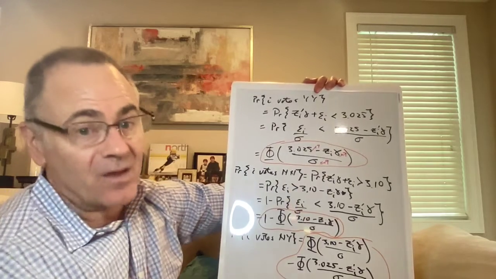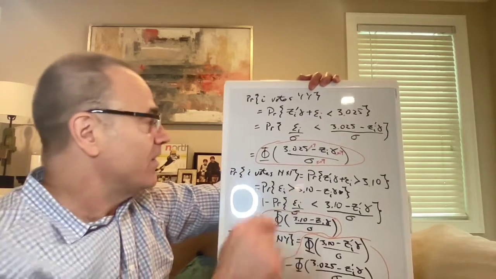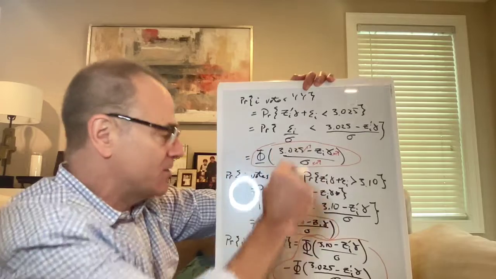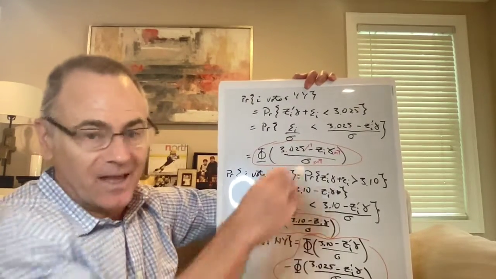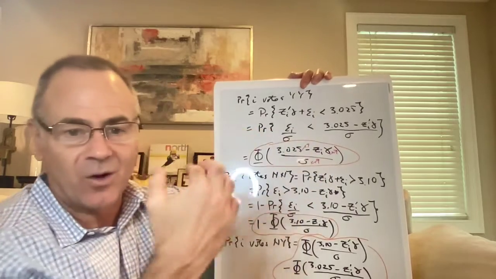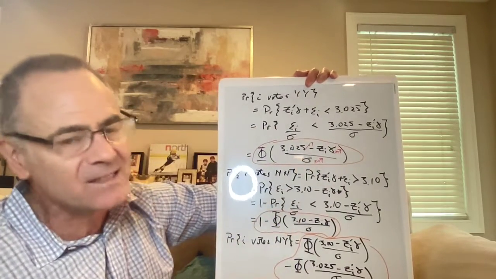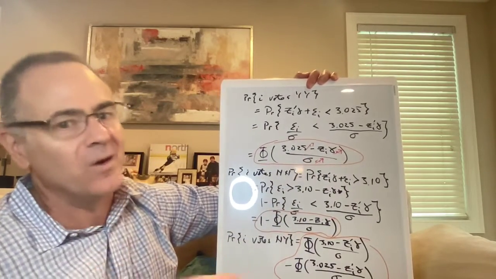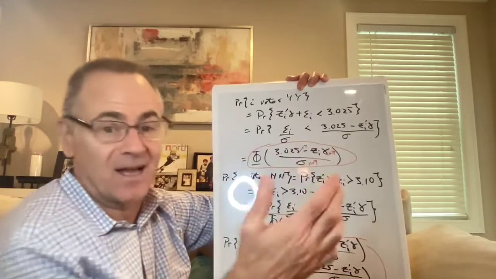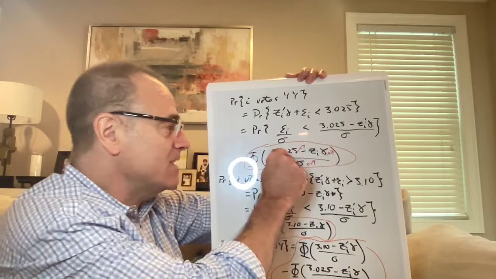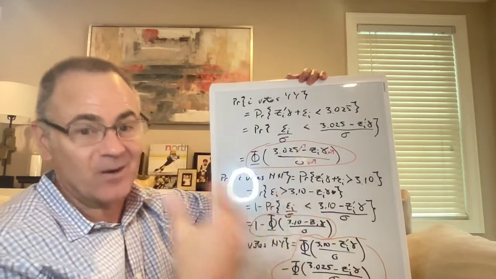Okay, now why was that? The answer had to do with these 3.025s. If instead we had just called them thetas and said we're going to estimate theta, we'd be back at the same situation where we'd say, no, sigma is not identified. But we actually know the thetas. How do we know them?